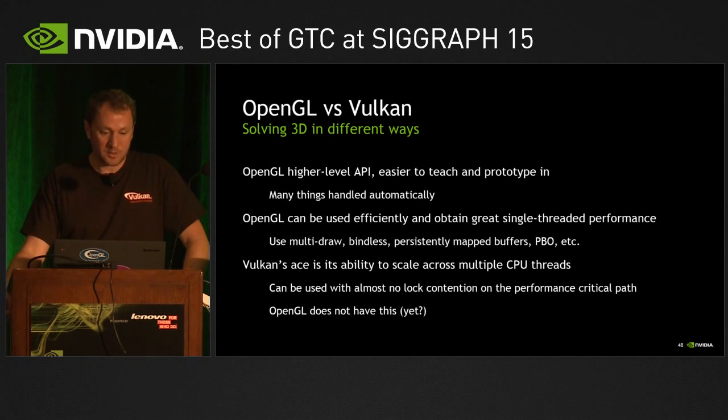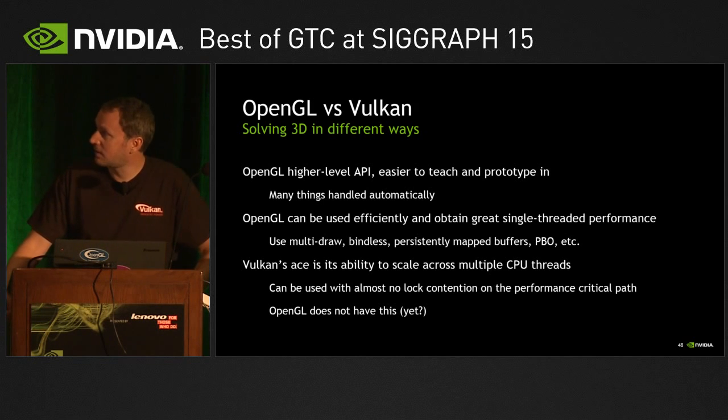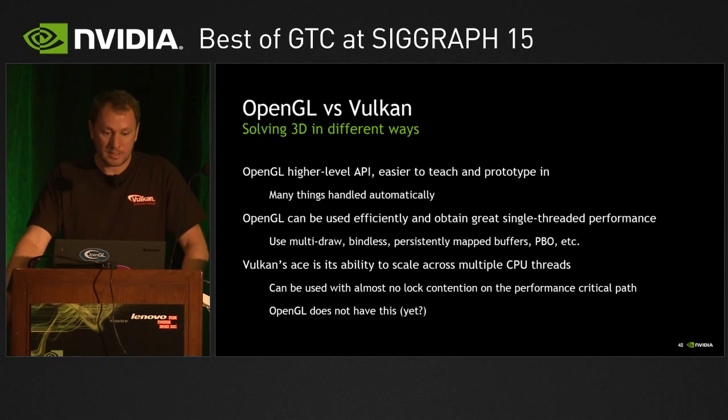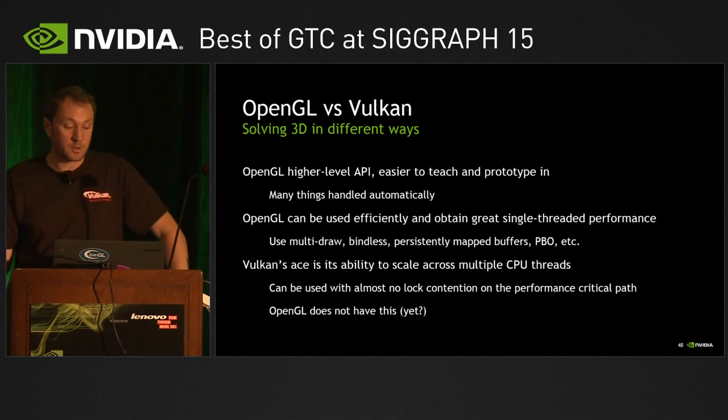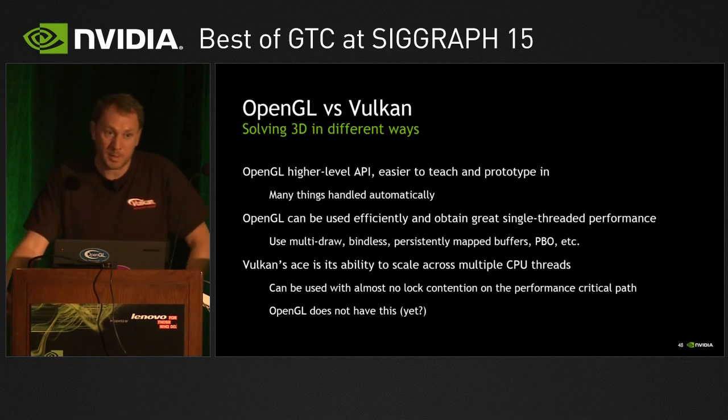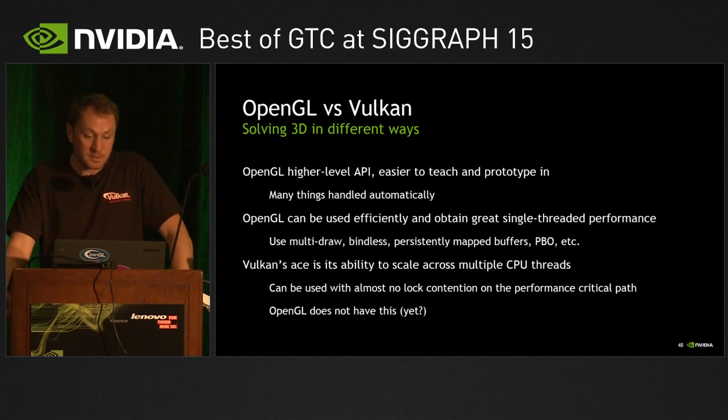So OpenGL and Vulkan, no one is better than the other. They solve 3D in different ways. It's arguable that OpenGL is going to be easier to use. It's easier to teach, easier to prototype in. OpenGL drivers do a lot of things for you automatically. You don't have to worry about hazards and dependencies and stuff like that.